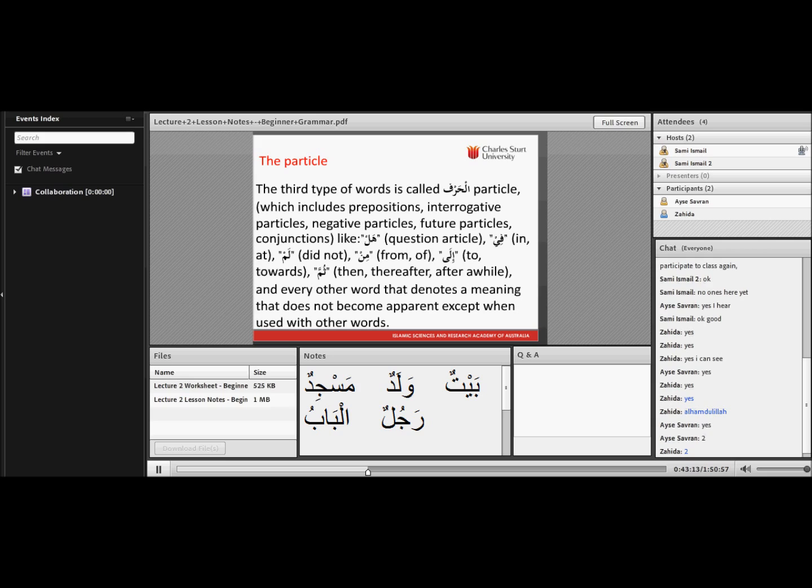Like this word, ala. Ala means on, or above, or on top of. How many letters does it have? It's 3 letters. So a 3-letter word can also be a harf, a particle. So minimum 1, maximum 3.